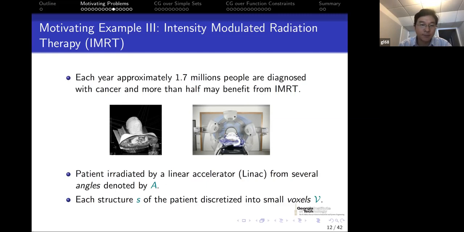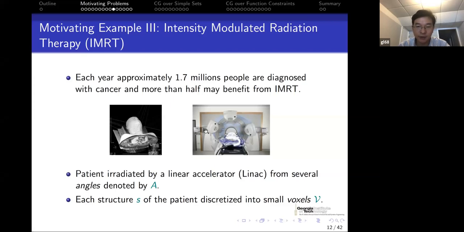modulated radiation therapy. Every year, 1.7 million people are diagnosed with cancer. IMRT is an effective approach that those patients can possibly benefit from. In IMRT, the patient is irradiated by a linear accelerator from a few different angles.